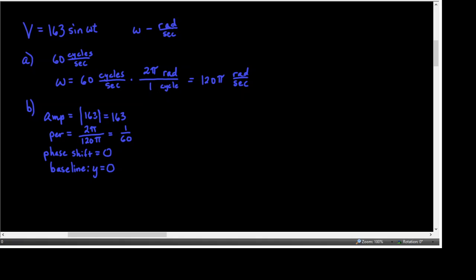Okay, so you see we're supposed to graph this from 0 to 0.05. So let me think, how do I want to do that? Well, since the period is 1/60th, we should probably divide that by 4 to get our marks on the x-axis.